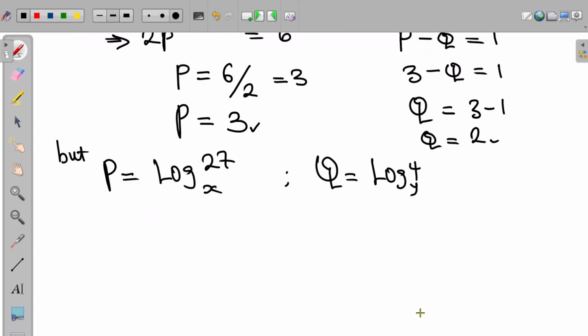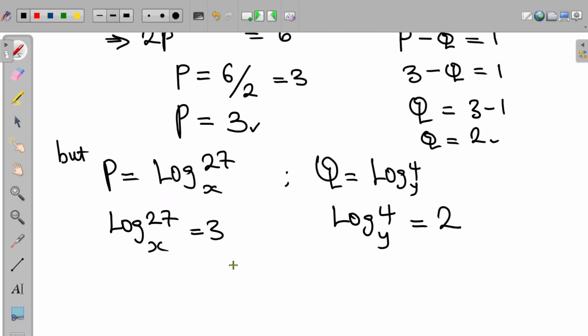So now, from this point, this becomes log 27 in base x. The value of P is equal to 3. And also, at this point, we have log 4 in base y is equal to 2.